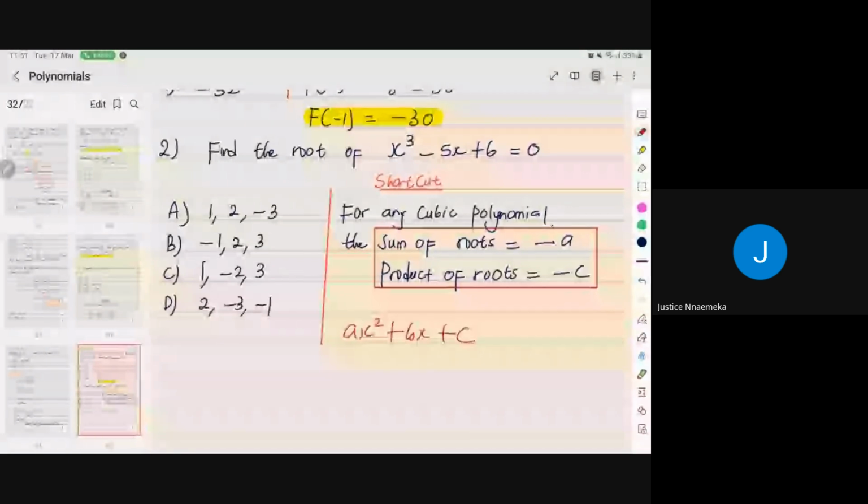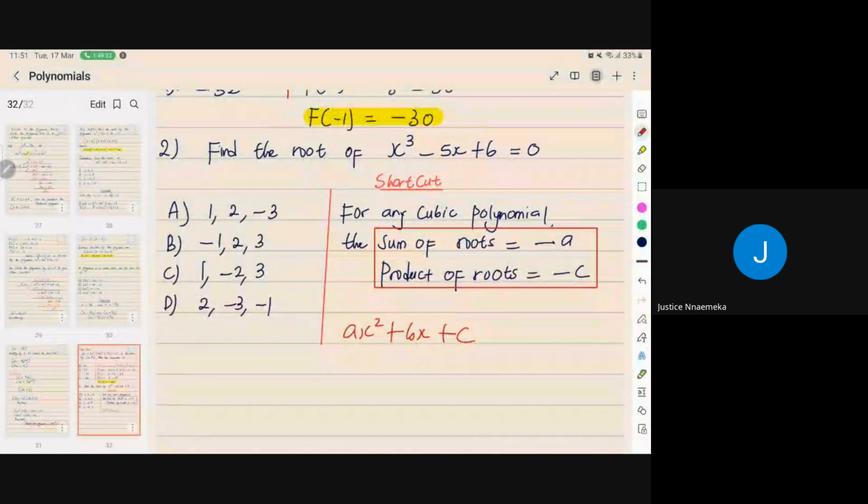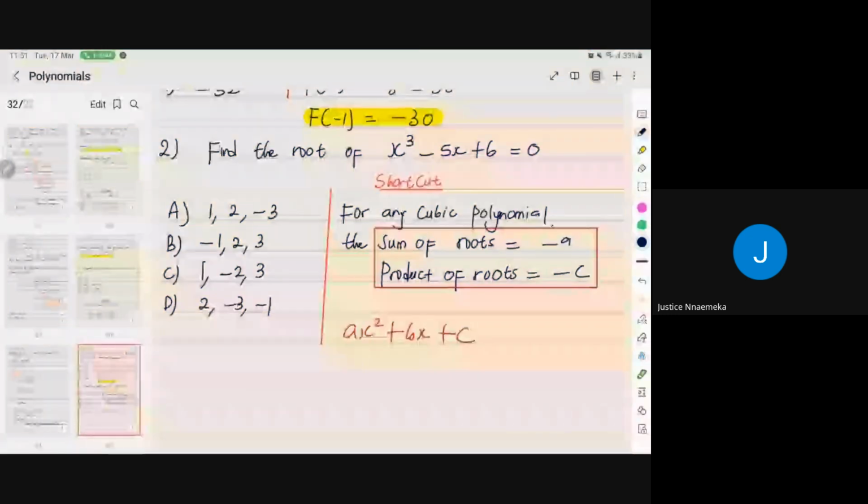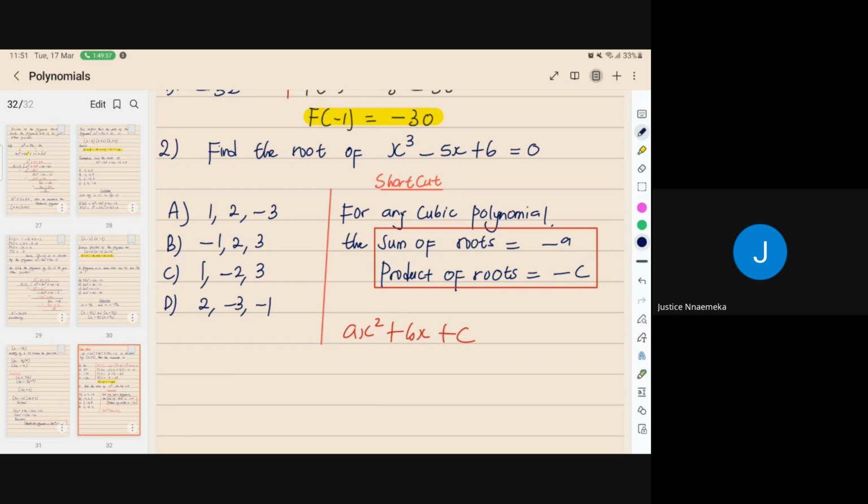So anytime something is missing, one thing you should check is that when you sum them together, the sum here should give you 0. Let me use that minus a right here.